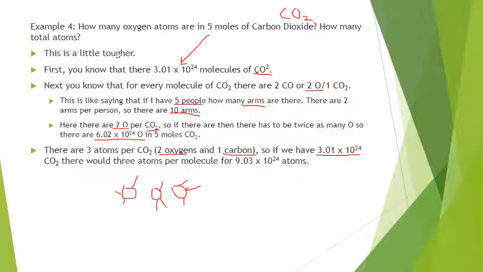You go, well, there's 3 appendages per person, so there would be 9. They're kind of saying the same thing. You have 3 appendages per molecule. So there's going to be 3 times as many appendages.